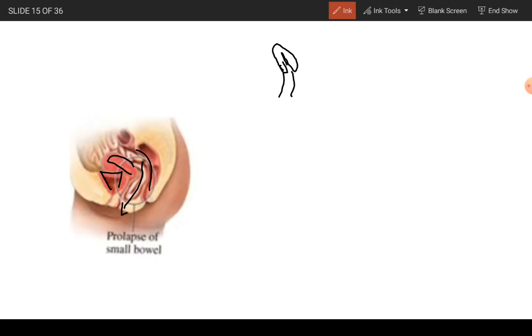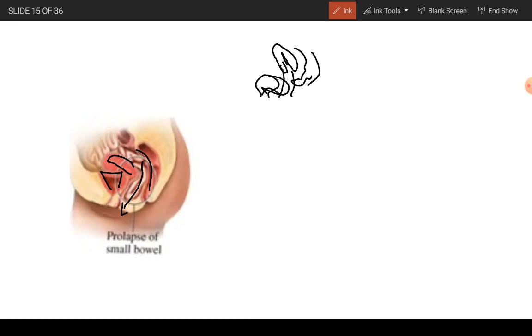So when the anterior vaginal wall is getting prolapsed here, what can be occurring? Here you have the bladder. So the bladder can protrude like this, cystocele, or in the upper 2/3 and lower 1/3 it can be urethrocele. In the posterior vaginal wall, if it is in the upper 1/3 then it can be enterocele.